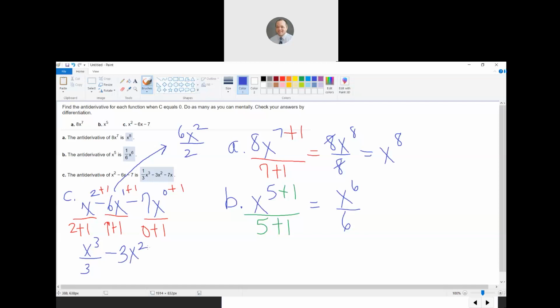And the last antiderivative is negative 7x to the first power all over 1. And that's just negative 7x. Now, if you did not have the stipulation that c is equal to 0, then you must put a plus c after each answer to cover any possible constant.